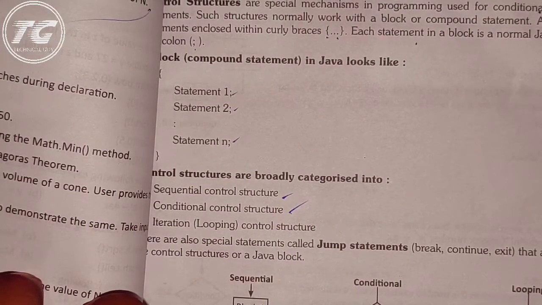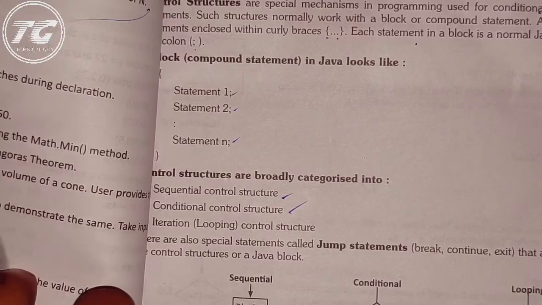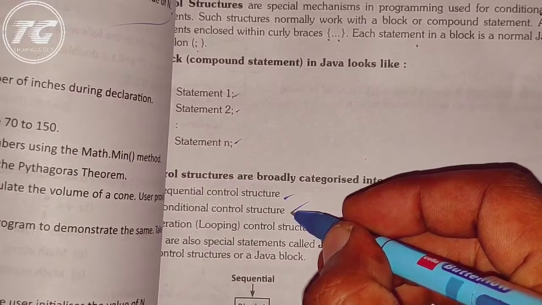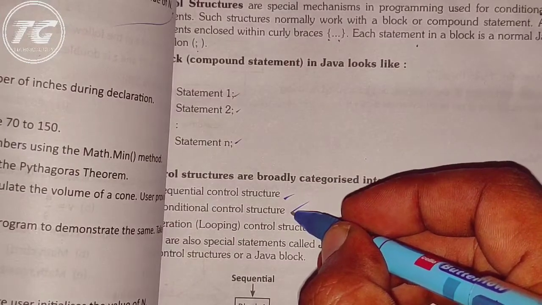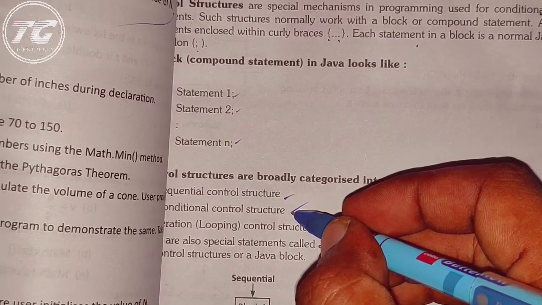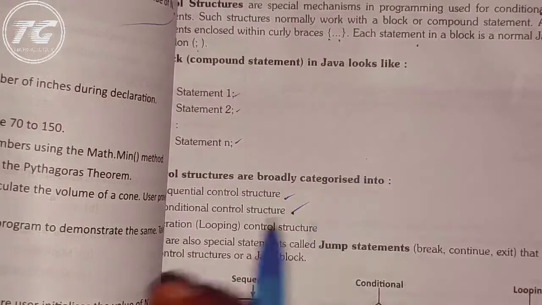In a conditional control structure, a condition is used, and if the condition is true, then the statements will execute. If the condition is false, then the statements will not execute, or some other statements will execute.